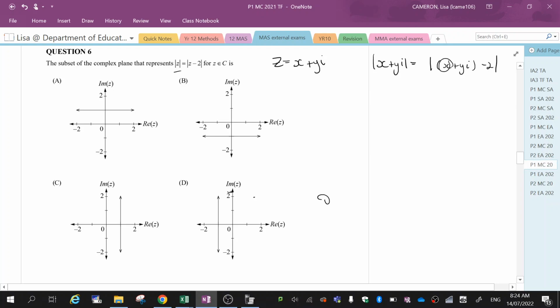Now, my next step here is I'm going to group my real components in that second part. So, x minus 2 plus yi, and our left-hand side of the equation doesn't change at the moment. Now, remember the process to absoluting something is to square and square root it. So, we're going to square root the whole thing here, and then we're going to square each component inside.